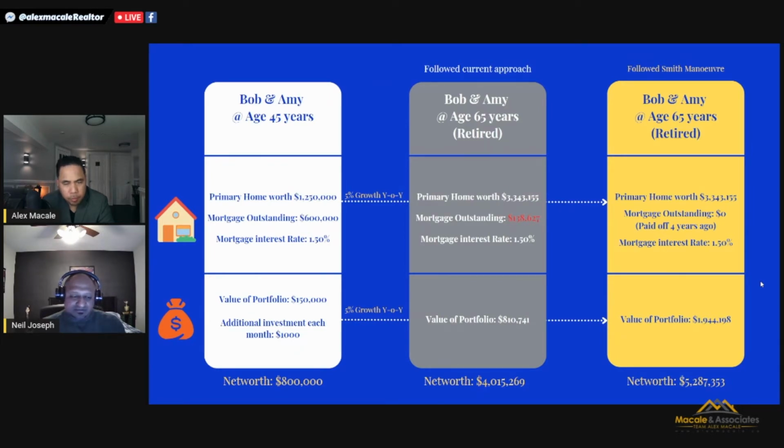Got it. So in effect, the interest rate on your line of credit is only about 1.225 percent, lower than your mortgage. Okay, got it. That kind of makes sense.